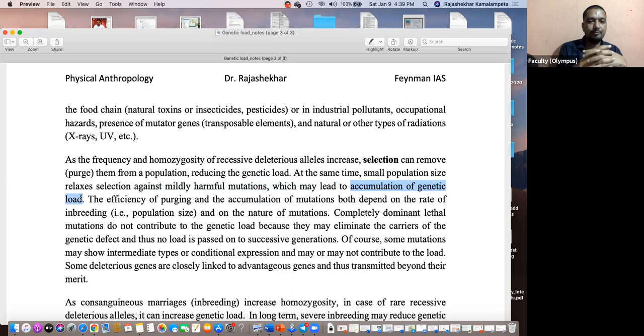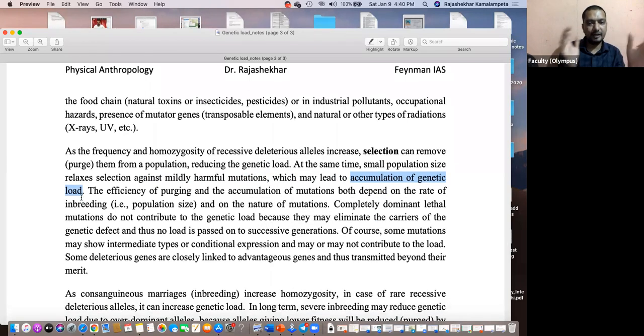The efficiency of purging and the accumulation of mutations both depend on the rate of inbreeding. How are they maintained? What do they depend on? They depend on the inbreeding process. With more and more inbreeding happening, there is a higher chance of bringing in the homozygous recessive condition, like we were talking about in consanguineous marriages yesterday. Okay, so it's a fine balance sometimes in maintenance of them.